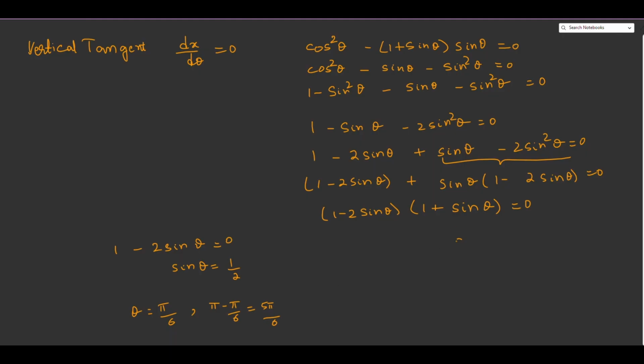And the other equation will give us sine theta equals minus 1, and we know that sine theta equals minus 1 at 270 degrees, 3 pi by 2. So these are the values where we are going to have the horizontal tangents and the vertical tangents.